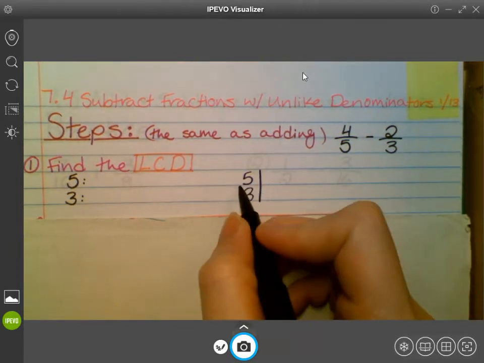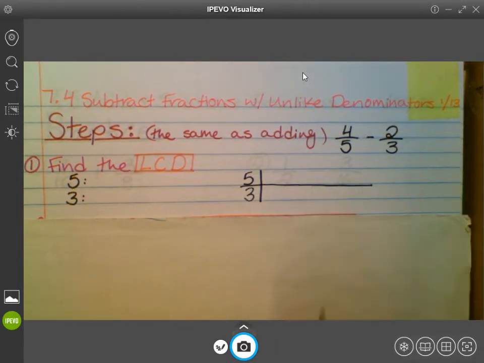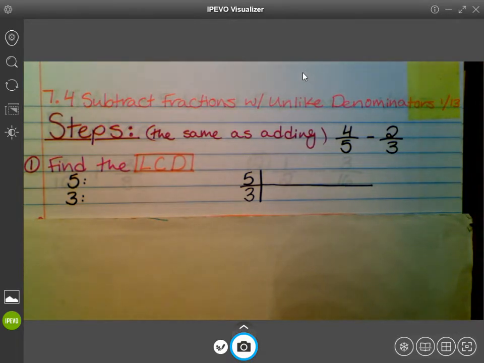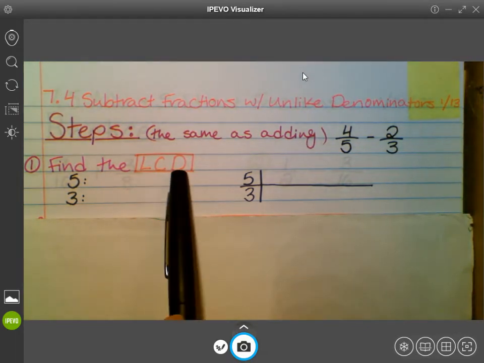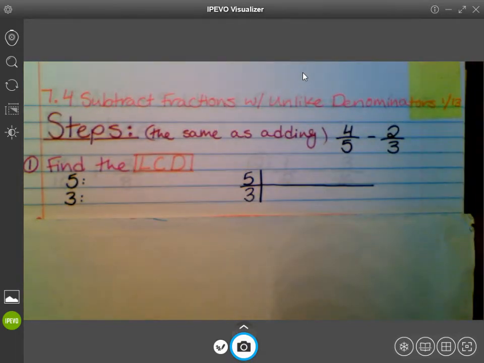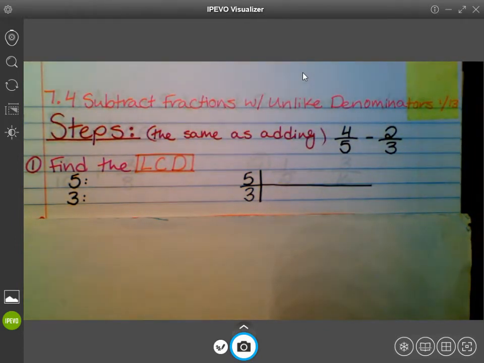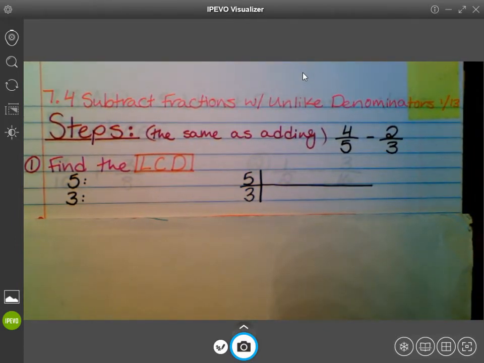It's completely up to you how you want to list the multiples for the two denominators. We'll find the smallest number that both denominators have in common. Once you have that written down, go ahead and list the multiples for 3 and 5, and then circle the smallest one they have in common. Give me a thumbs up when you have done that.